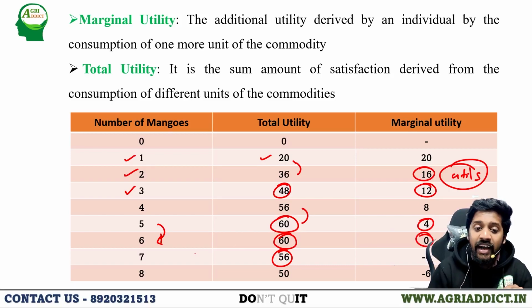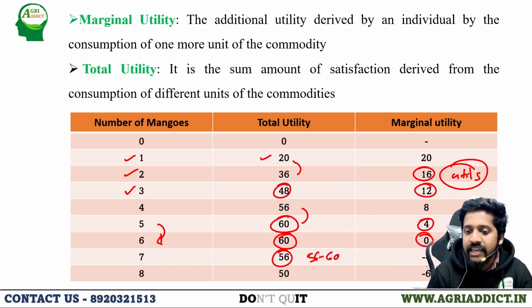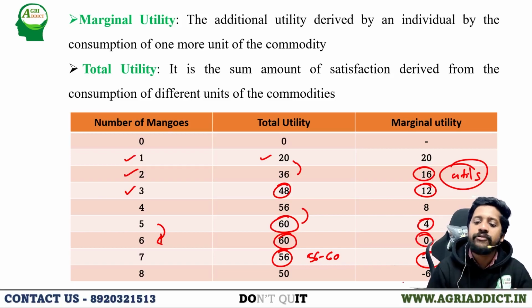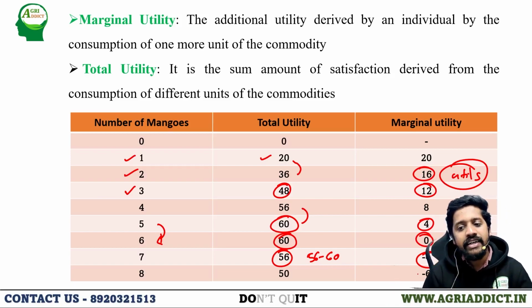But after the point of saturation, when I force myself to continue, my total utility is going to decrease. It has to be mentioned that the marginal utility here is 56 minus 60, so there occurs a negative utility, that is, I don't want it but still I have to consume it, therefore I will be having dissatisfaction. So it is implied by the negative utility.